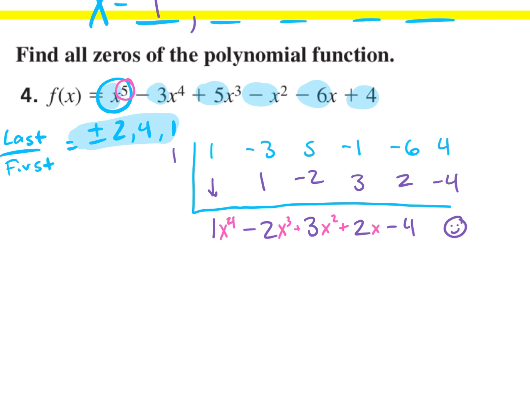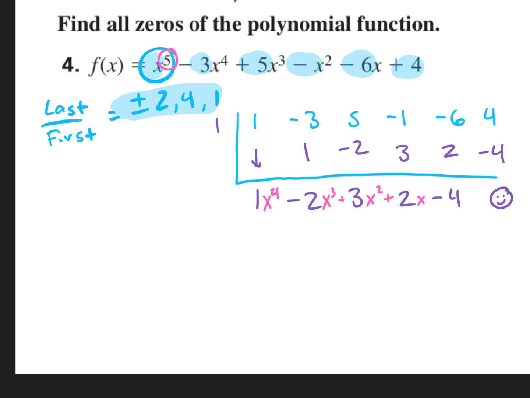Can I factor this? No, so what would I have to do? Last over first again. What are factors of the last? 1, 4, and 2. Same thing that I was trying before. What do you want to try first?